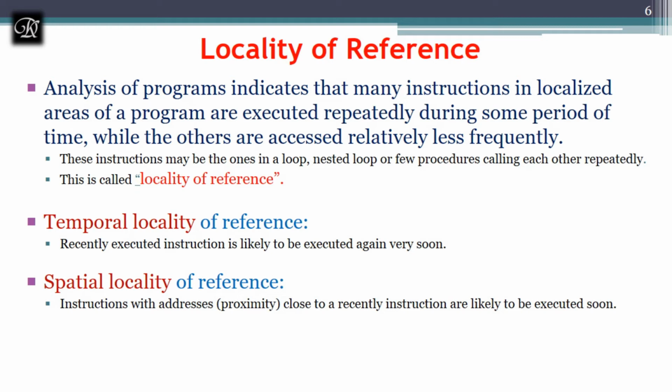Similarly, temporal locality says that recently executed instructions will be used again. But spatial locality of reference is somewhat more advanced. Here we again need software support. Instructions with addresses close to recently executed instructions are likely to be executed soon.